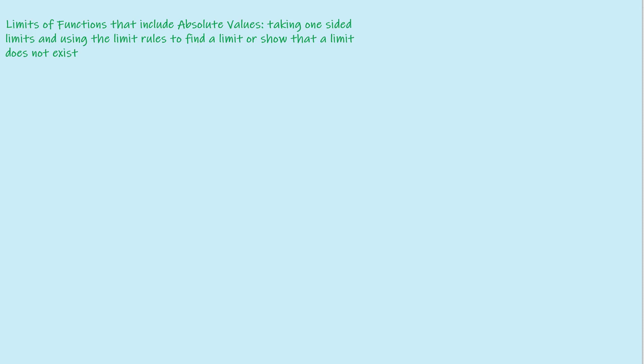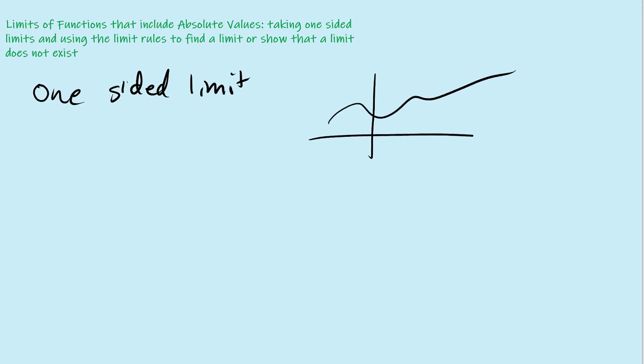We defined this earlier in this playlist, but when we look at a one-sided limit, we're looking at, for instance, this function here, and if we're looking at a limit at this number x equals 1, we may want to look only at the limit as we go to x equals 1 from numbers that are larger than 1. And in that case, we're looking at the limit x goes to 1 plus of this function, right?